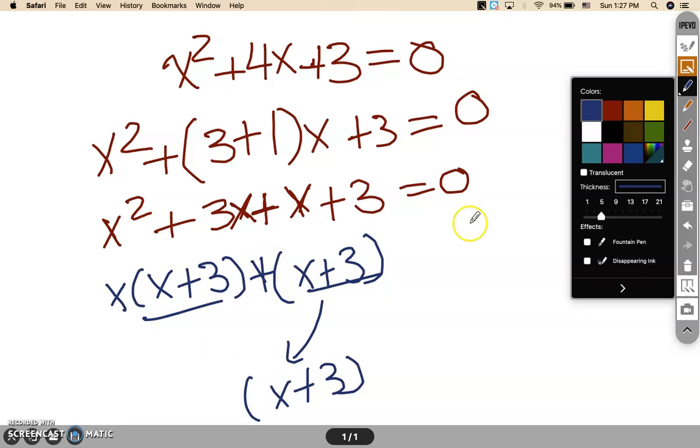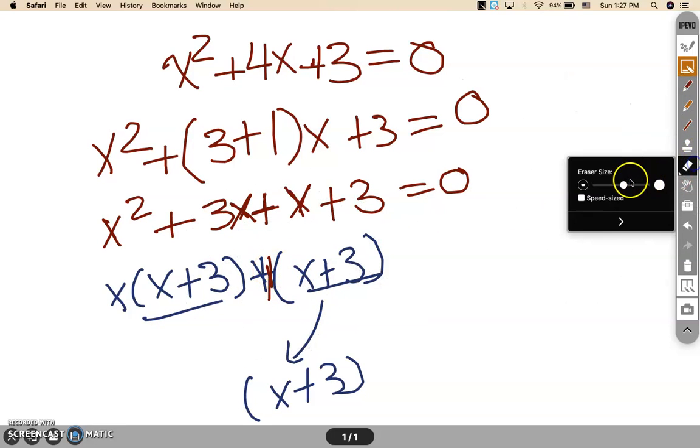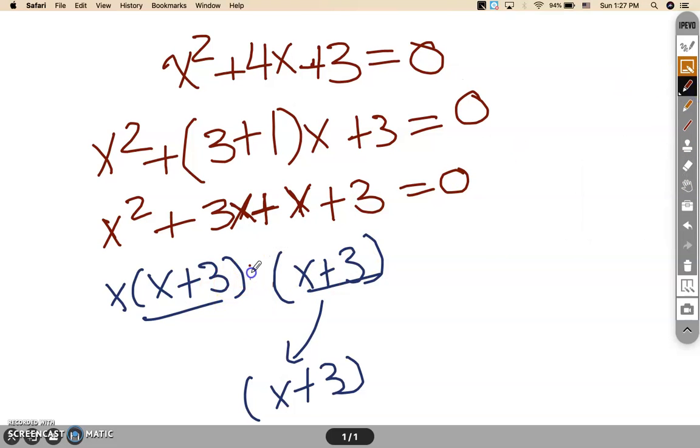And now there's going to be an imaginary 1 here, right? So let me make that more clear for you guys to see. So that would be plus 1. Okay, so that means the other one will be x plus 1.